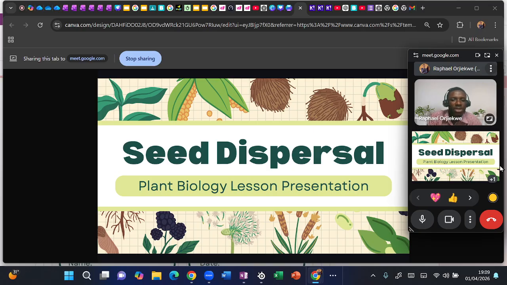Now, this seed needs to be dispersed because when a plant produces seed, that seed needs to be dispersed far apart. That's what they call the sexual reproduction of plants, because seed was produced from the fusion of two gametes. So seed is the product, and that product would now be able to make a new plant, to germinate.